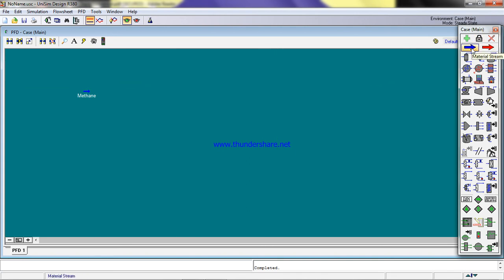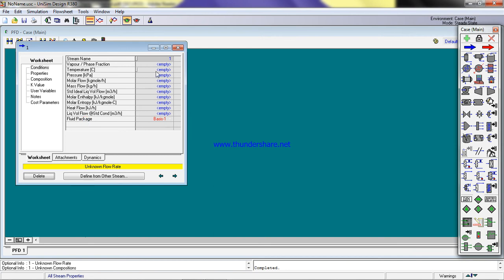Okay, so we go for another material stream and put it here. By the time you have the natural gas stream, the methane, you need oxygen. The oxygen might likely come from a compressor. Let's specify that we still take 25 degrees Celsius, and then 2 bar, and then for the flow rate we use 260.